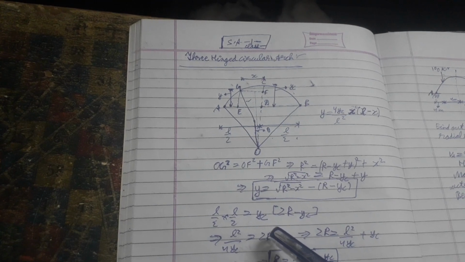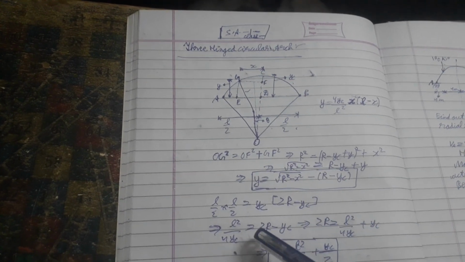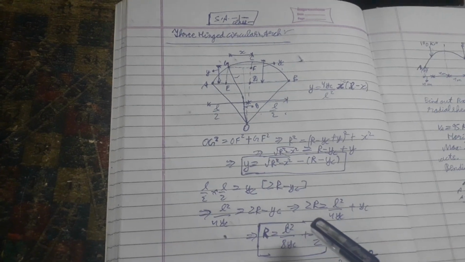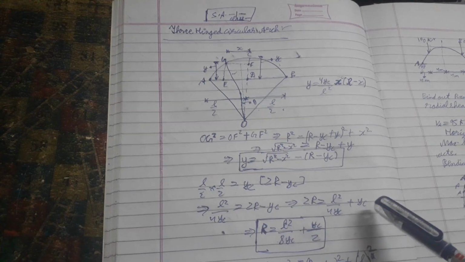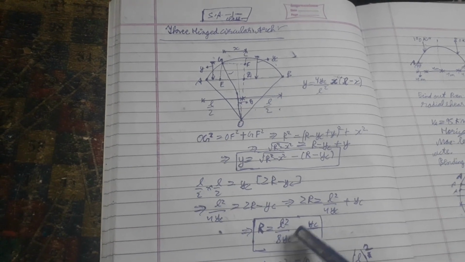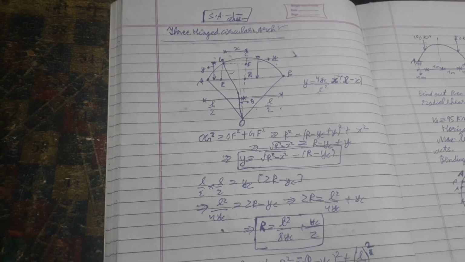L by 2 into L by 2 is equal to yc into 2R minus yc. Then L square by 4yc is equal to 2R minus yc, which implies 2R is equal to L square by 4yc plus yc. Then radius is equal to L square by 8yc plus yc by 2.